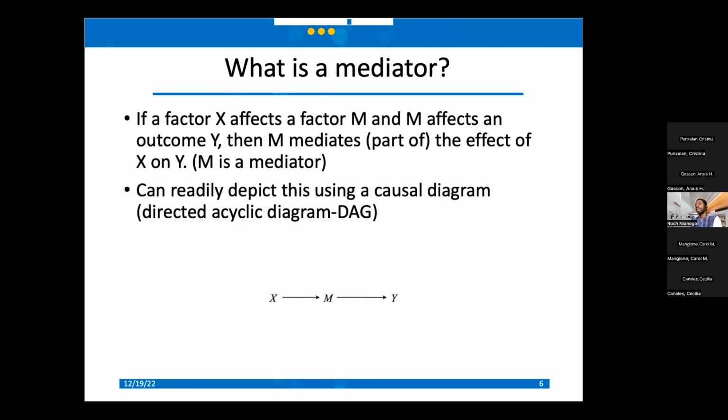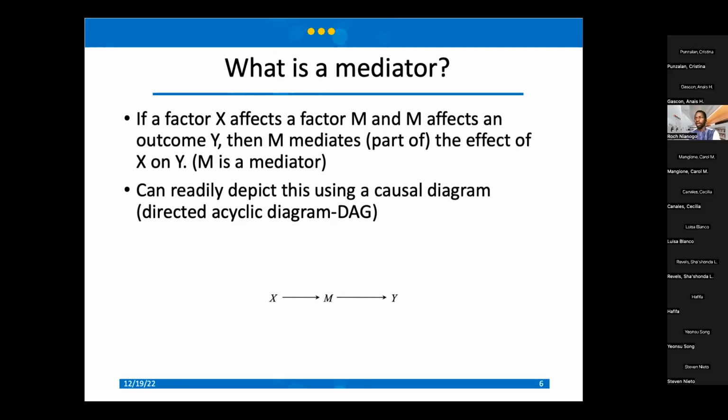A mediator is basically a factor that intercepts the causal relationship between an exposure and an outcome of interest. So formally, if a factor affects a mediator M, and M also affects the outcome Y, then we can say that M is a mediator. This can be readily seen when we use causal diagrams.